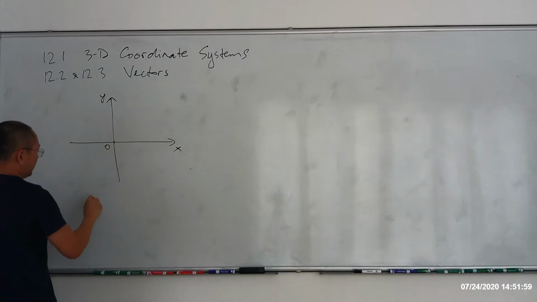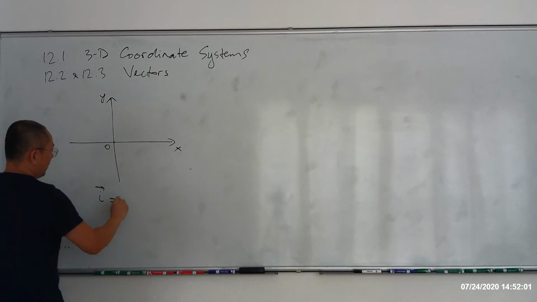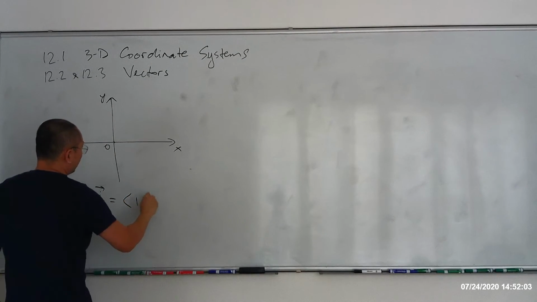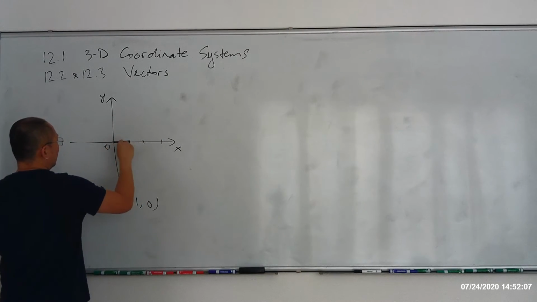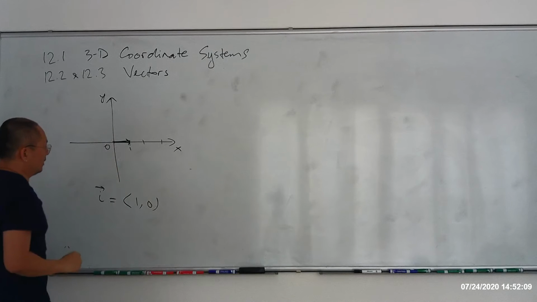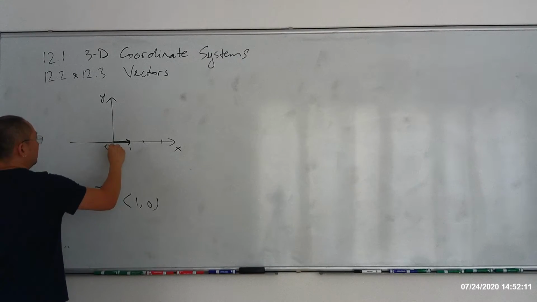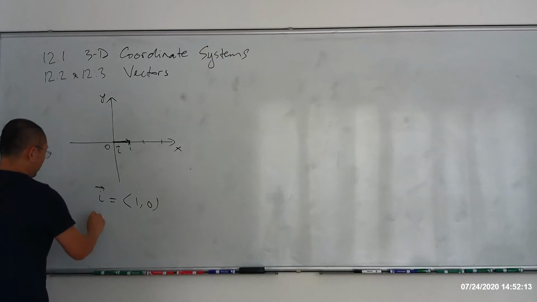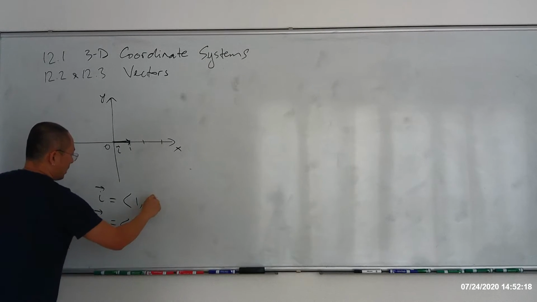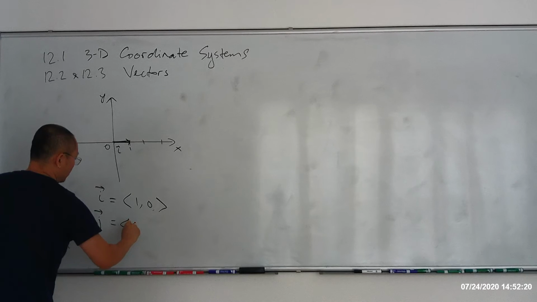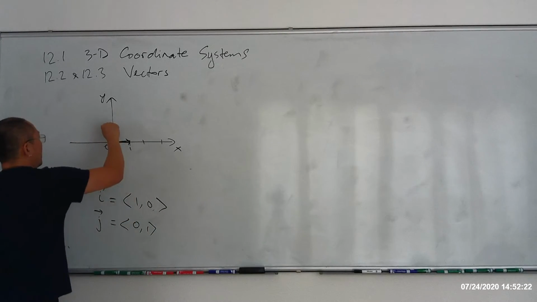We define the vector, say i, this way. 1, 0. 1, 2, 3. This is my vector i, (1, 0). Okay, and we define vector j as angle bracket 0, 1, and this is vector j.